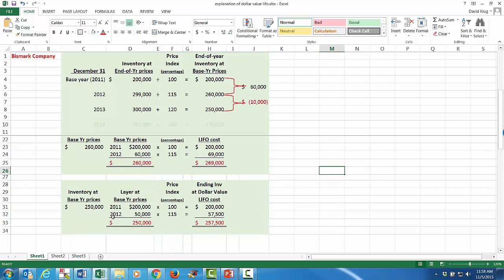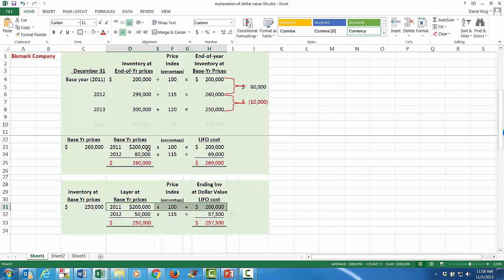Our end of year inventory at base year prices is $250,000. Now let's construct that as far as layers. We have our 2011 layer from previous, but now we have a $10,000 decline. So that was 60 minus 10,000.